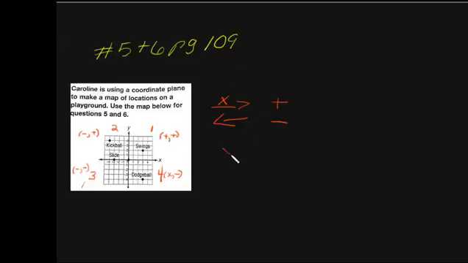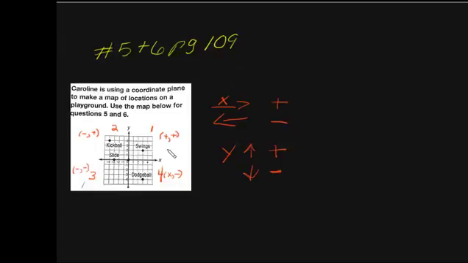If you're talking about the y coordinate or the y axis, if you're moving up, it's going to be positive. And if you're moving down, your coordinate's going to be negative. There are some pointers that you need to keep in mind when you're moving around the coordinate plane. So let's get into this problem.